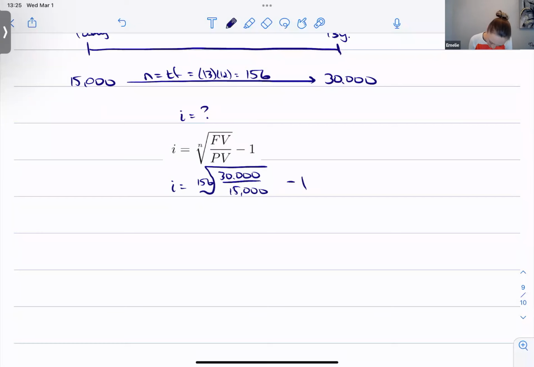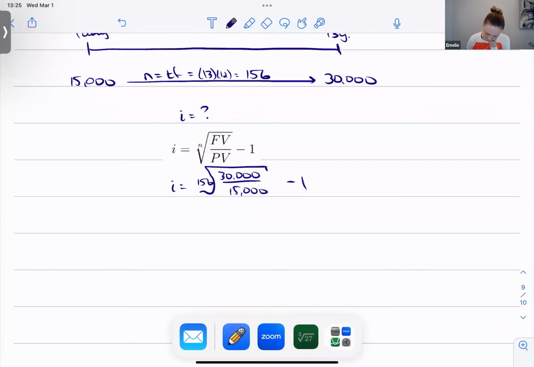So notice that the minus 1 is not inside the root. I'm going to start by simplifying inside the root, and then I'm going to raise it to the power of 156.